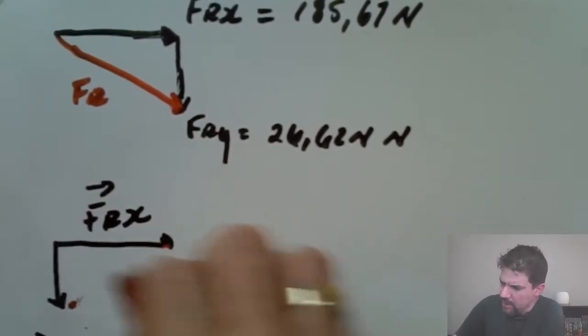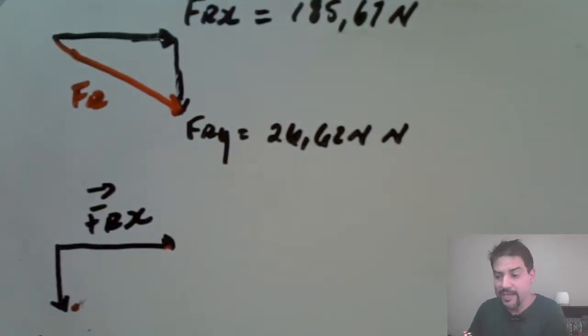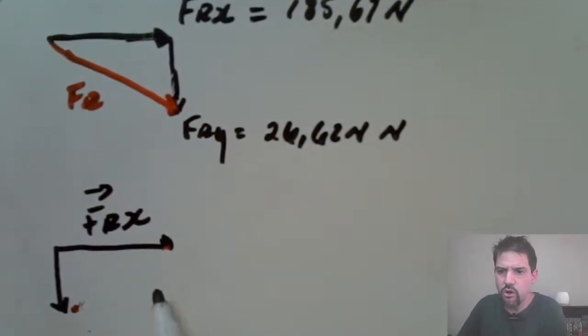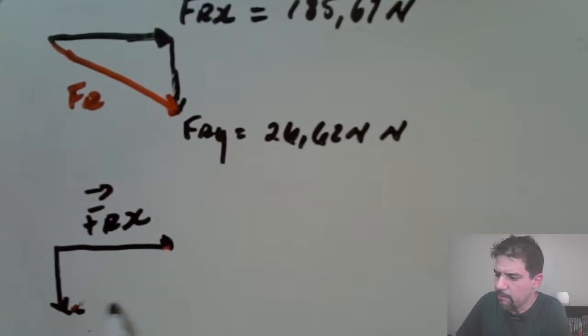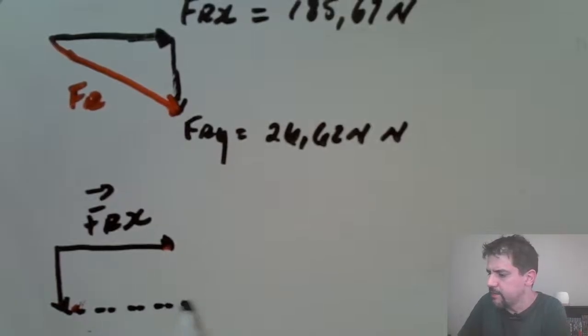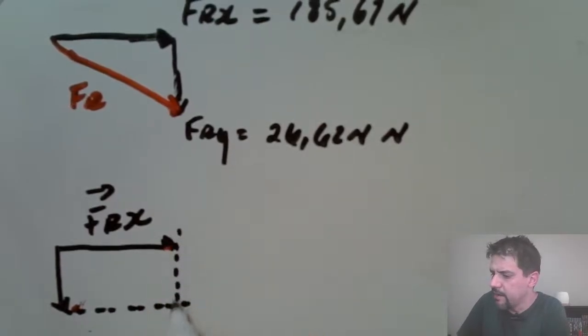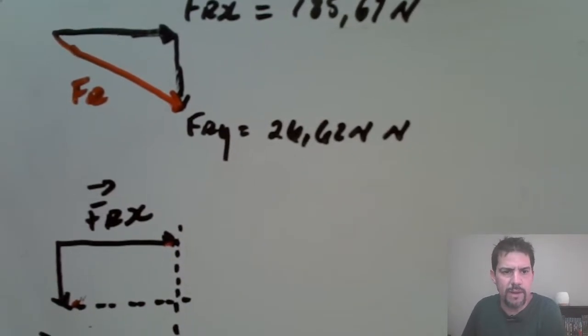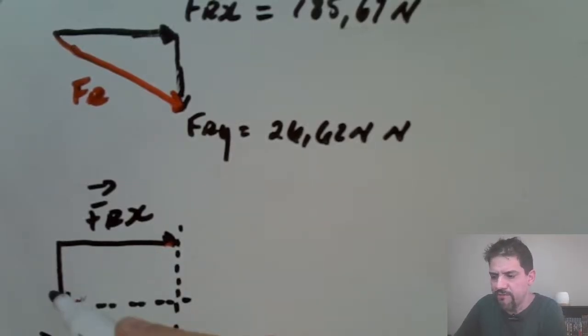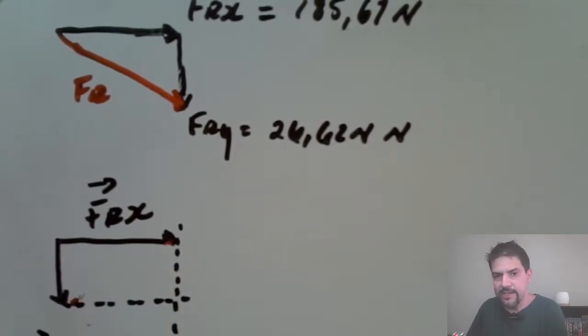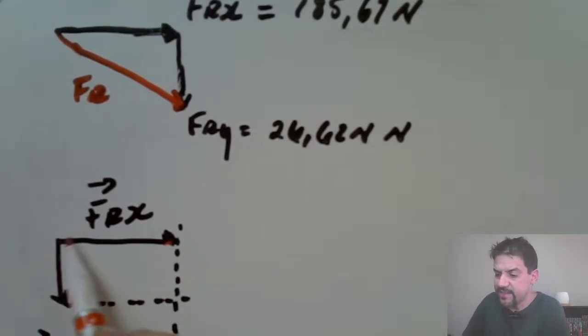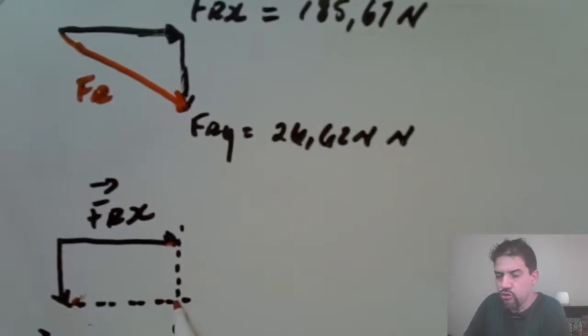The correct way is to draw lines that are parallel to each of them. So you draw a parallel line here, like this, and a parallel line here, like this. There we go. We have a parallel line to each of the vectors. And then the resultant will be from where the vectors start to the point where those parallel lines cut. This one will be the resultant.